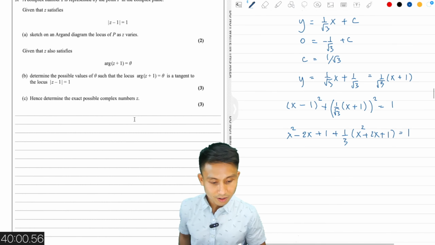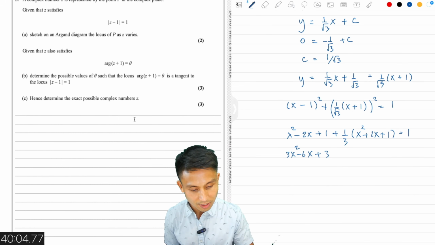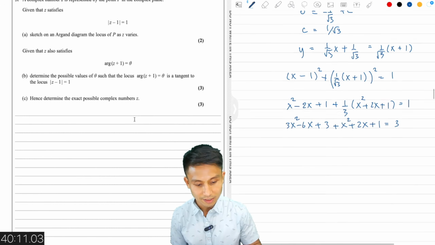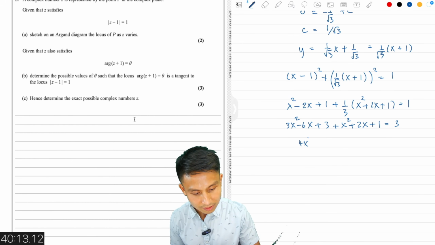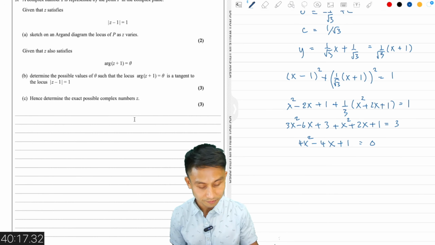I will multiply out by 3, so I get 3x squared minus 6x plus 3 plus x squared plus 2x plus 1 equals 3, because the 3 would cancel the second brackets there. And then I would have 4x squared minus 4x plus 1.